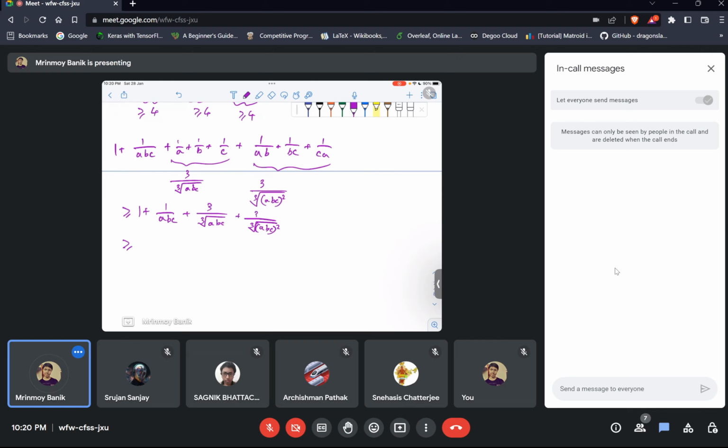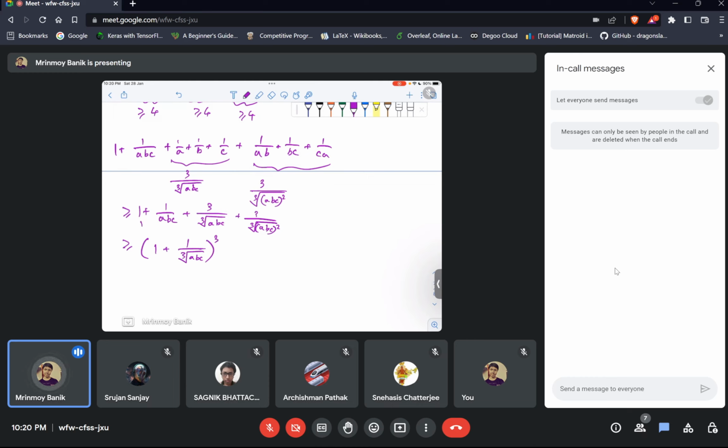We can rearrange it. So this is basically 1 plus 1 by cube root of abc, whole cube.